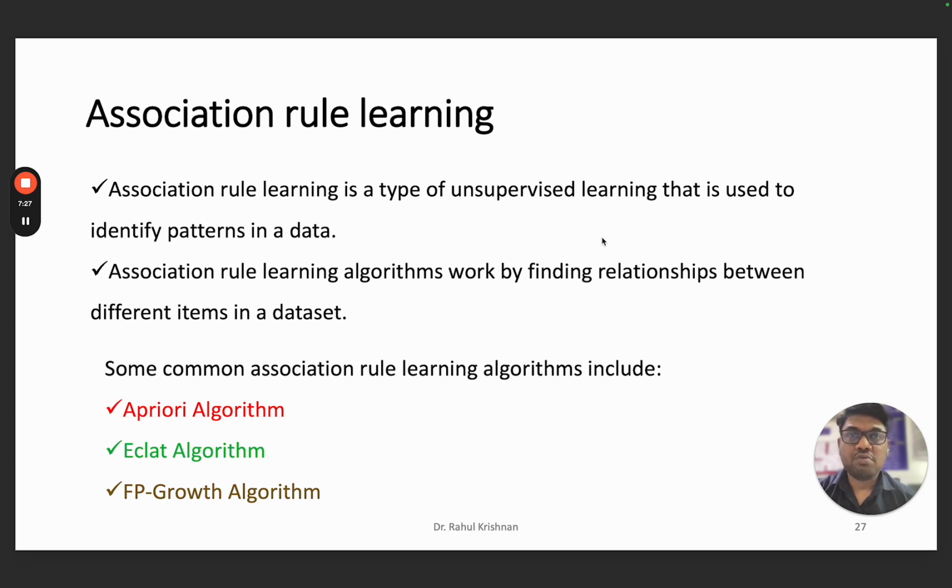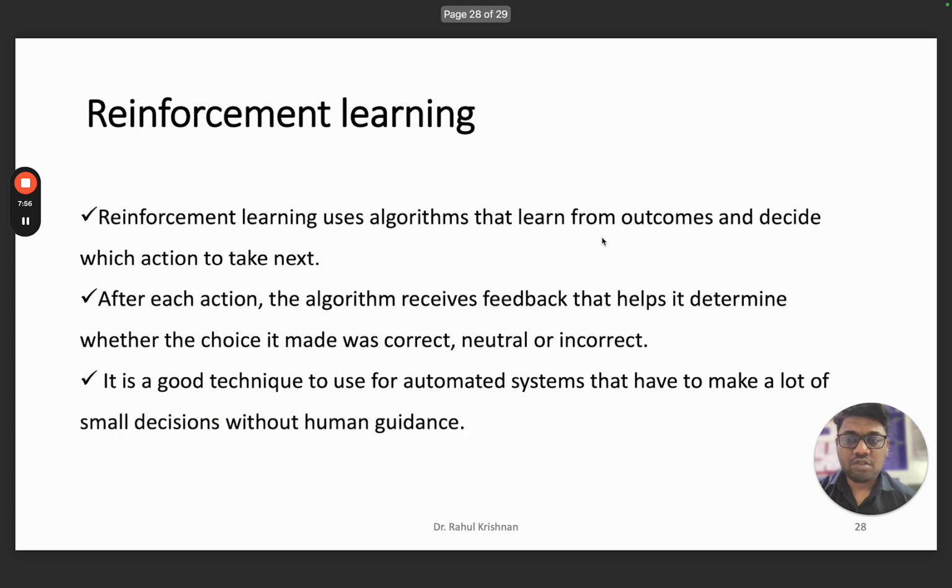Based on some rules, we can identify sets of patterns within the data. Association rule algorithms work by finding the relationships between different items in a data set. Some common association rule algorithms are the Apriori algorithm, the ECLAT algorithm, and the FP-growth algorithm.